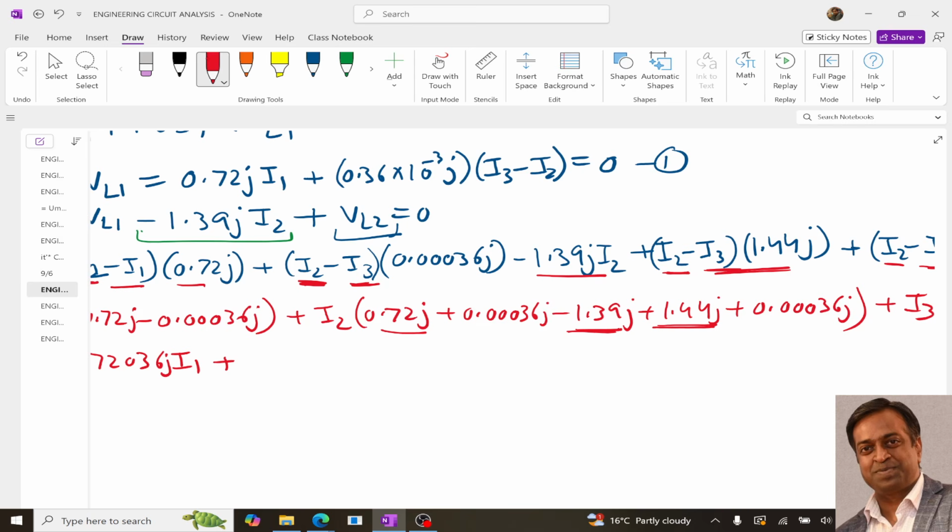Plus this and this, so 0.00072, or simply we can add this, so it will be 0.77 J I2.